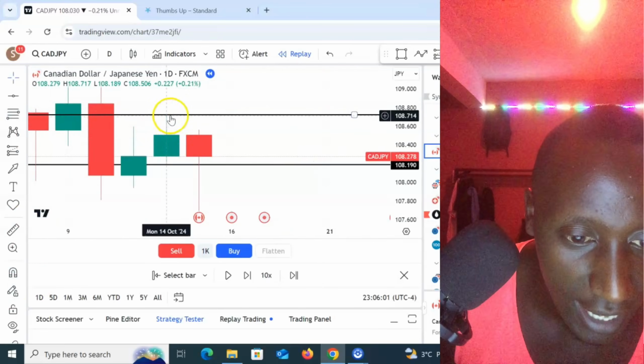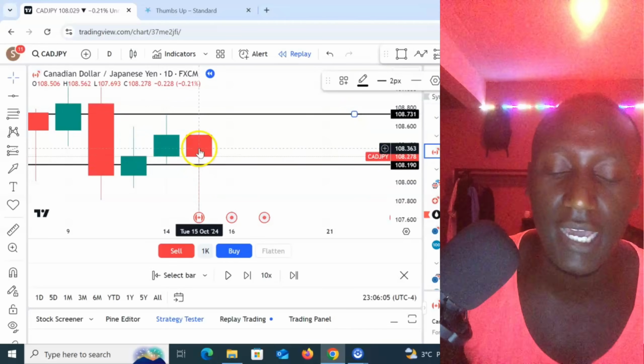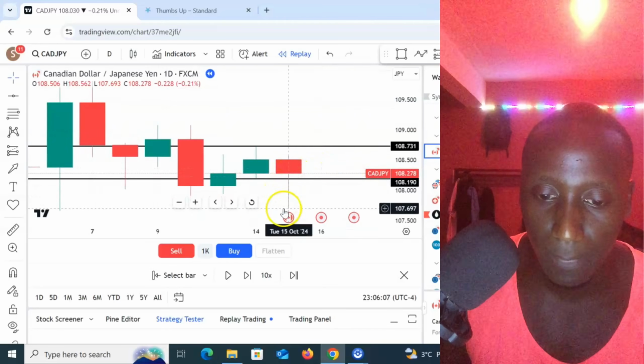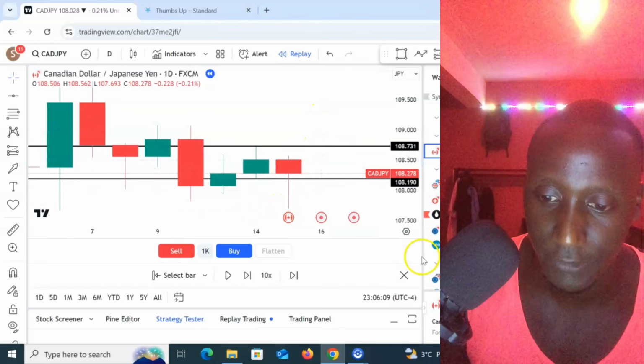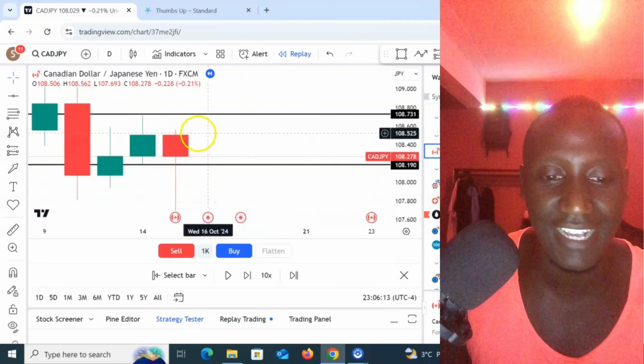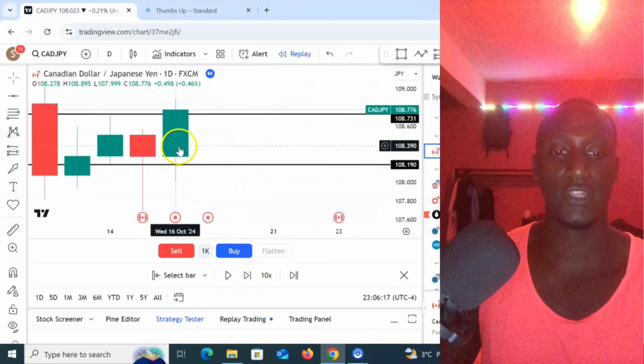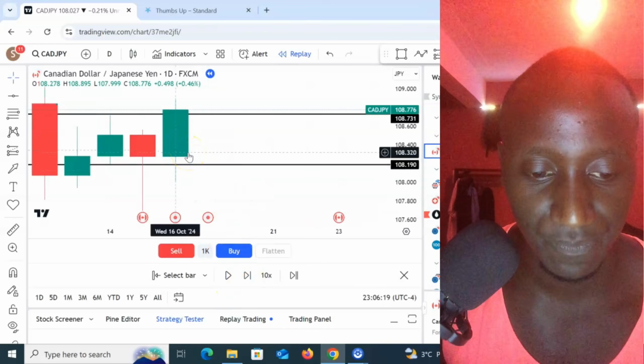We have a high, we have a low, and then the candle breaks out but closes back inside of the range. Same thing. So there's a very high probability that the next candle is going to be bullish. In fact, what happened? Boom, the next candle was bullish.